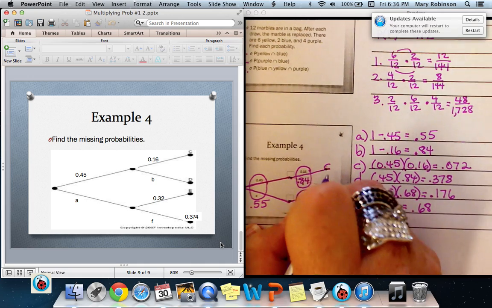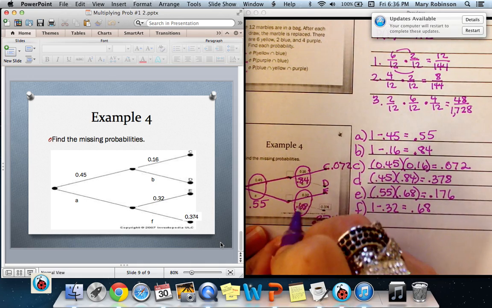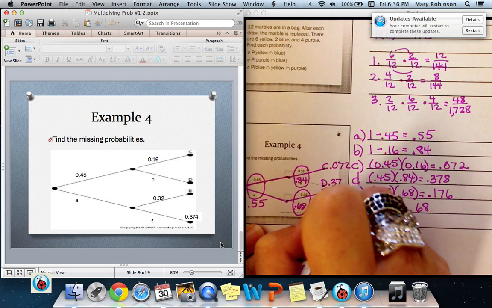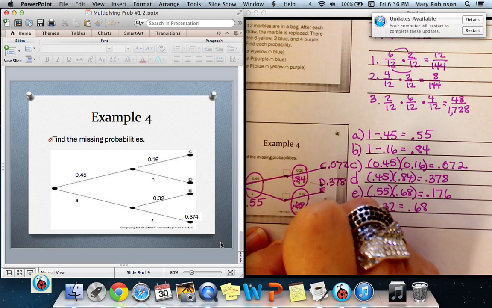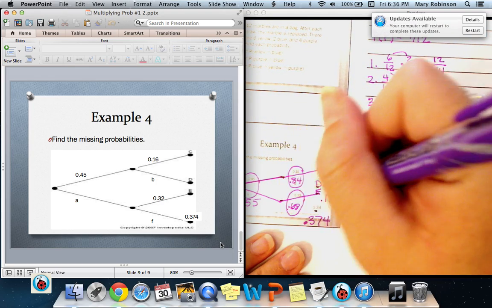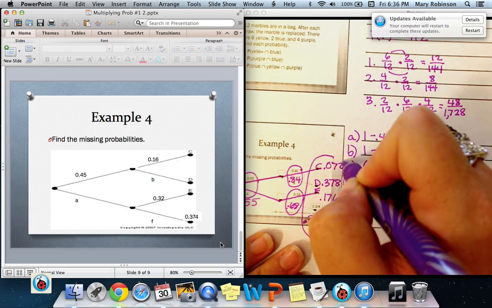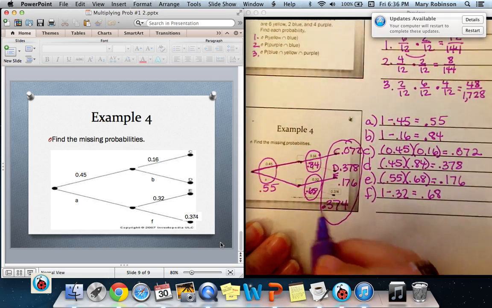So one thing I want you to see, if I put out here 0.072, D was 0.378, and E was 0.176, all of these add up to 1. And I'd want you to test that out in your calculator.